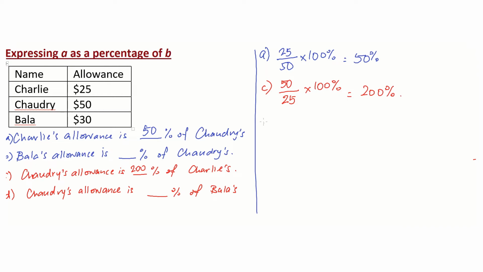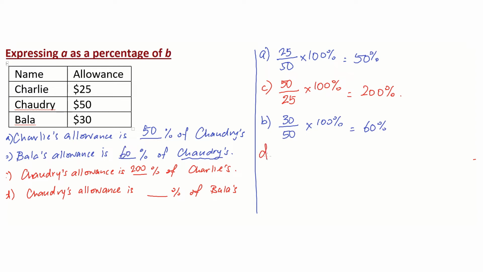All right, so now let us go back to answer part B. Bala's allowance as a percentage of Chowdhury's. Percentage of Chowdhury's, meaning to say I'm using Chowdhury's allowance as a main base for comparison. So Chowdhury's allowance will go to the denominator. Bala's allowance will go to the numerator. Multiply by 100%, and you will get 60% in this case.